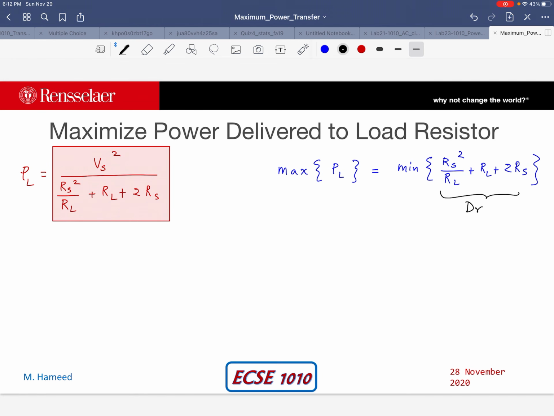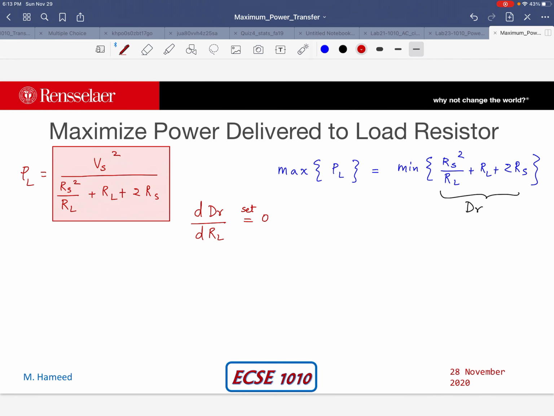If I was minimizing this denominator and I'm trying to find the value of RL that minimizes this, I would have to compute its first derivative with respect to RL and set it to 0. So I'm essentially trying to find DR with respect to RL, and I'm going to set this to 0. And the value of RL that makes that happen is the value that I'm after.